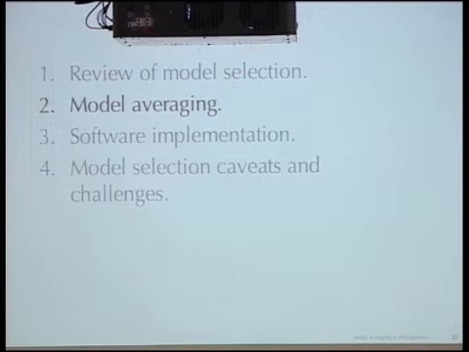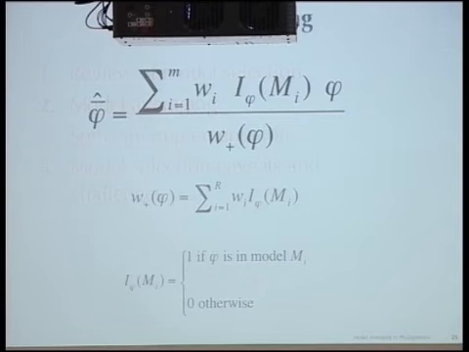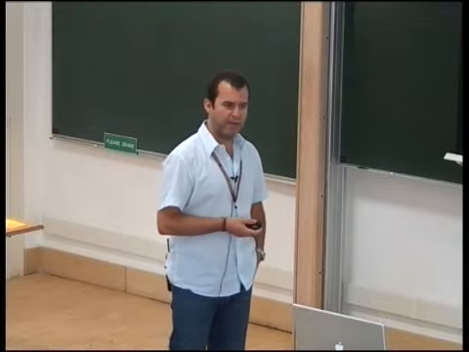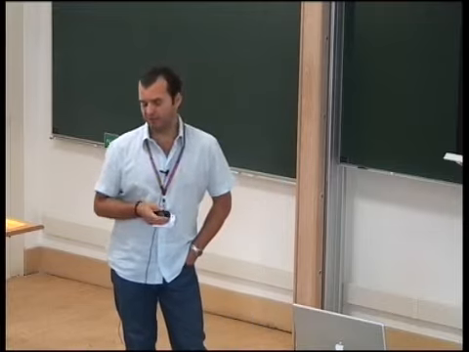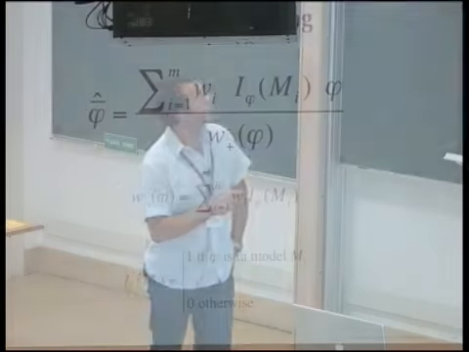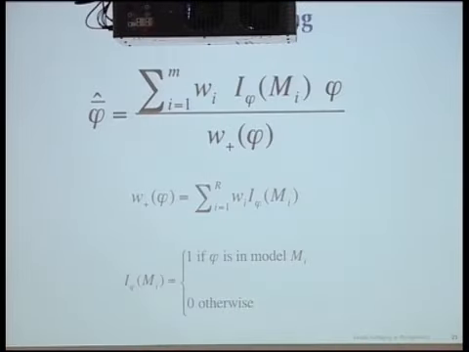Well, model averaging is a continuation of this, which is basically using these weights to get average estimates. It's also called multi-model inference because we're using a number of models to get single estimates of parameters. Basically, the idea is that for every parameter that is contained in a model, that's what this index is doing, whether it's in a model or not, we just make a weighted average of those estimates.